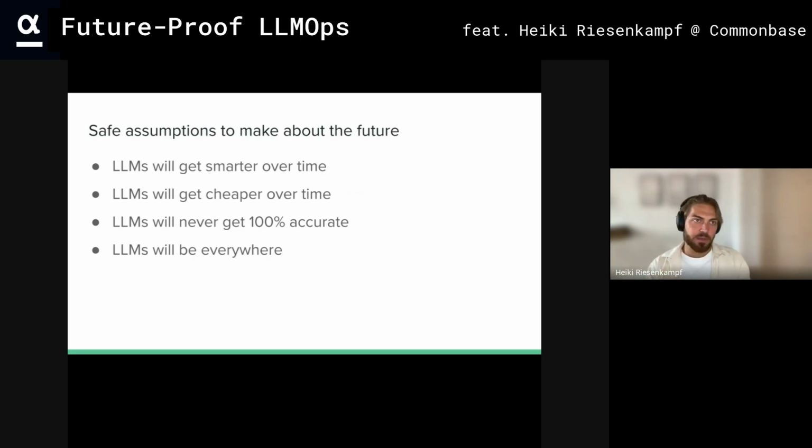There are a few assumptions that I am very confident in making, and the first one is about LLMs getting a lot smarter. The reason why AI is so hyped right now is because all of a sudden we have an API that you can throw any problem at, and it will give you a reasonable response. We had machine learning for the last 10 years, maybe even 15 years.